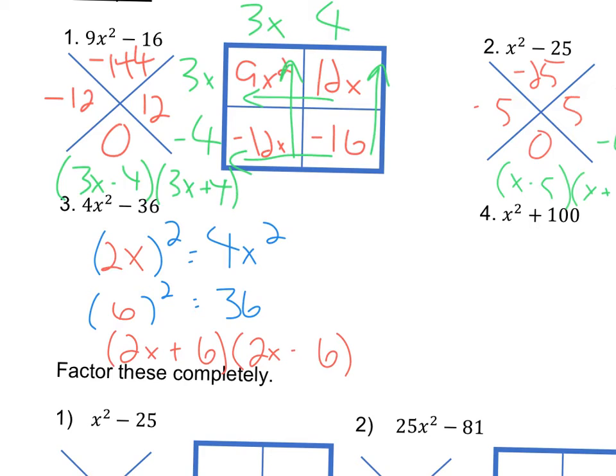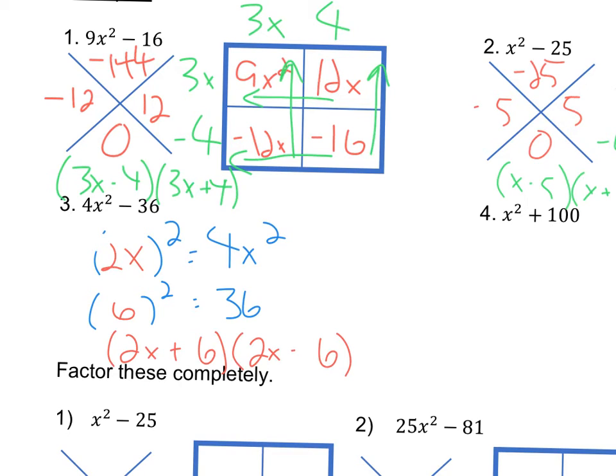Now, we do have an issue here. If we were asked to factor this completely, we would be wrong here. What is the very first thing we should always check for? Is there a GCF? Is there a GCF between 4x squared and negative 36?